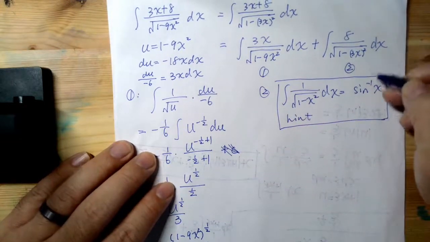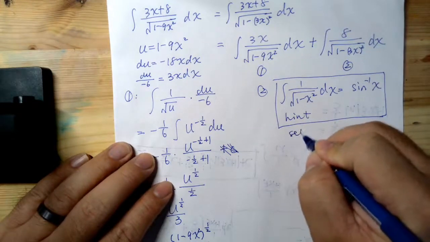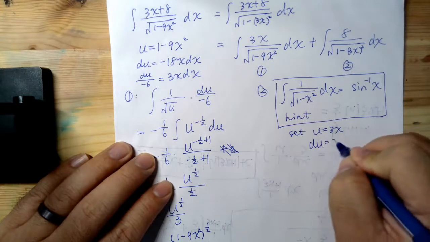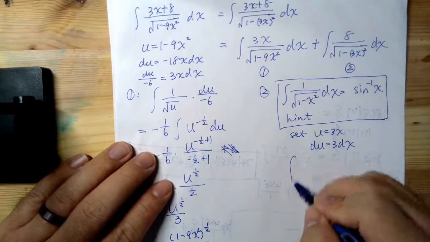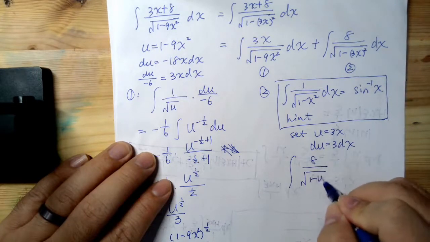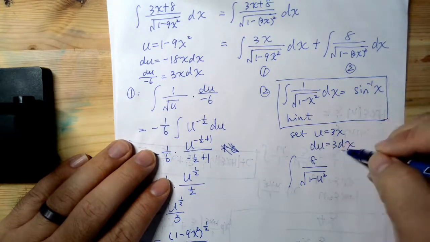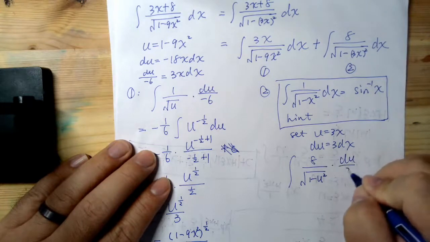And then to solve the second integral, let's set u equals 3x, then du is going to be 3 dx. So this integral is going to become 8 over square root of 1 minus u squared, right? And then since du equals 3 dx, dx equals du over 3.